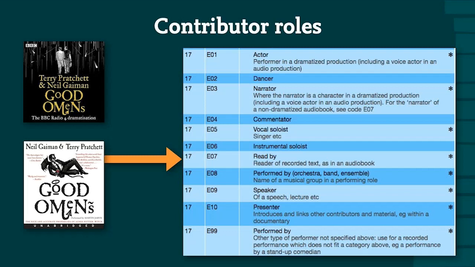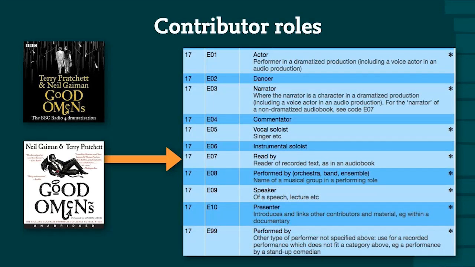It does not matter what a data receiver decides to display on their website. E07 could be displayed as read by or reader, could be displayed as performed by or performer, could be displayed as narrated by or narrator. That is independent of what this code actually means. This code E07 means all of those things.